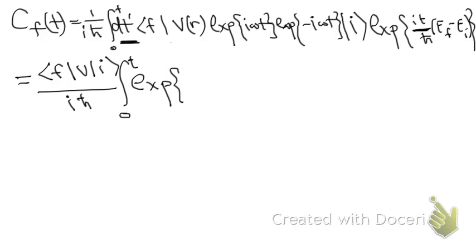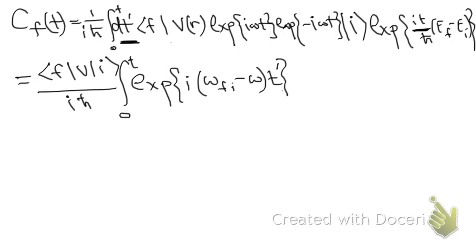For one of the expressions I'll have iota times minus omega fi, times t prime, because we're integrating from 0 to t, so let t prime be our dummy variable.